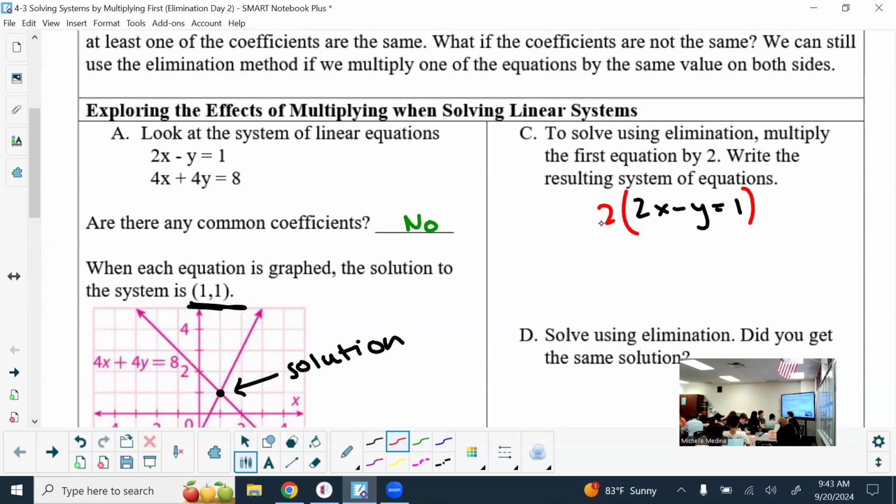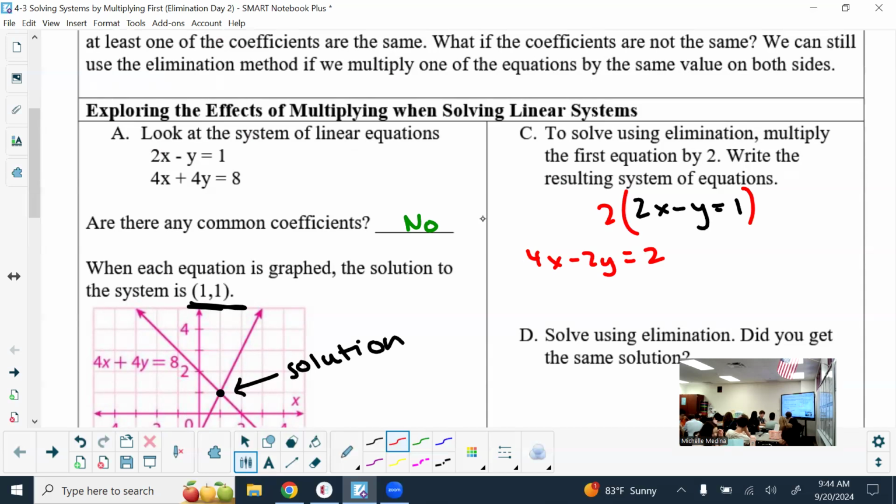Table 3, can you tell me what I get from multiplying this equation by 2? So multiply each term by the factor that you said would create a common coefficient. Okay.